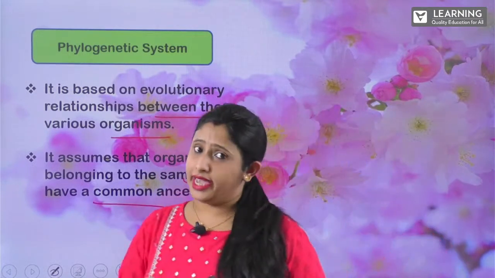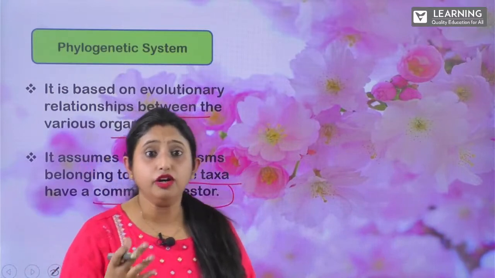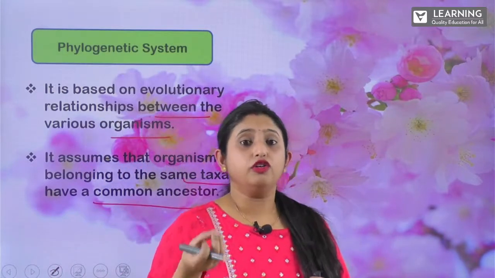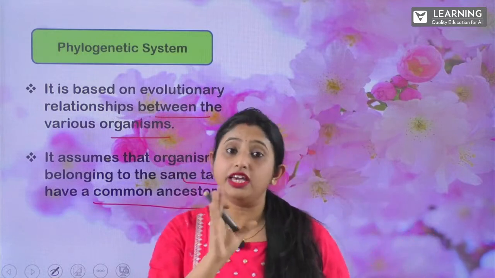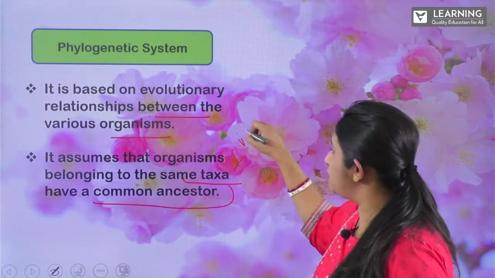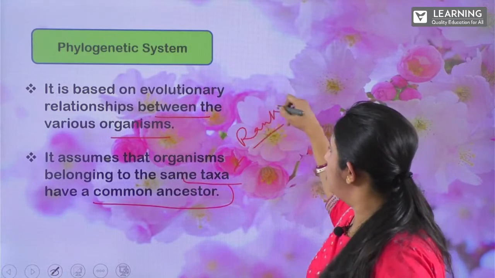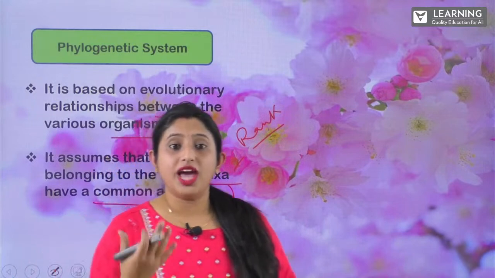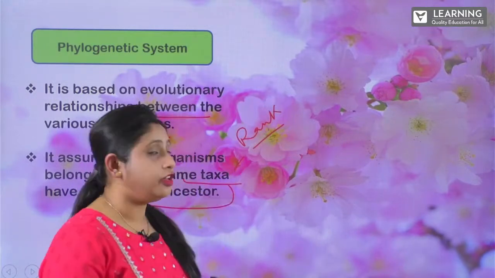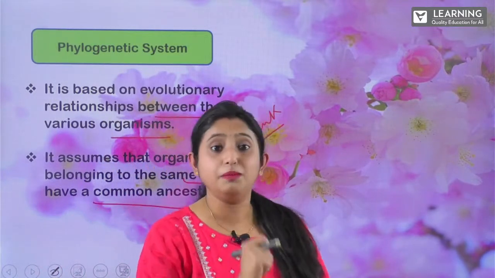Yes, it assumes that organisms belonging to the same taxa have a common ancestor. Now you know what is taxa. Taxa is nothing but a group, isn't it? A group where the particular species are placed. We give rank, right? We have seen this in chapter number 1. We have seen that each organism is given a particular rank. That is nothing but taxa.